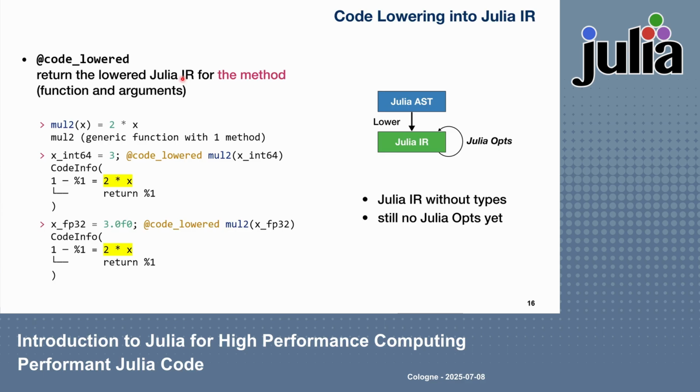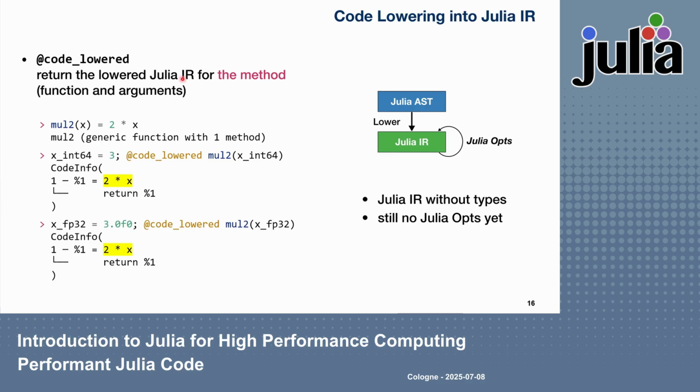So the key here for this step is that Julia IR is lowered, not in the very high-level original form, and this lowered Julia IR is without type specification. The type is still the general type, as you can see here, 2 times x.